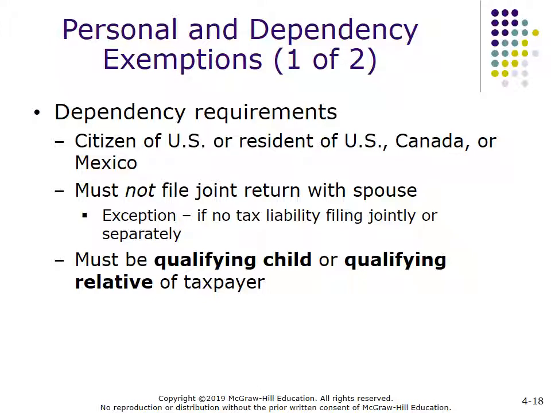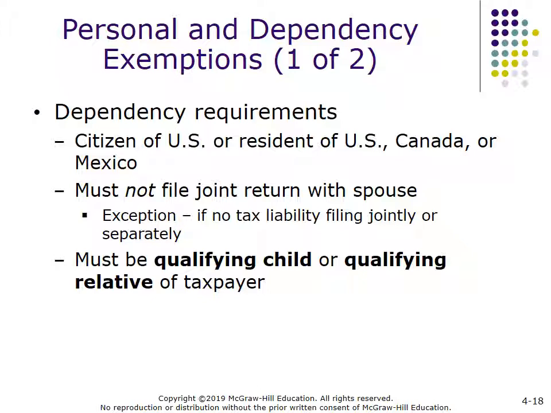Well, if she doesn't file a tax return at all, she meets the test. What if she files a tax return with her husband because they both have jobs? Well, if when they file their tax return, the only reason they file it is to get all the money back that they paid in, so that means their tax liability is zero. They owe no tax. They still meet the test.